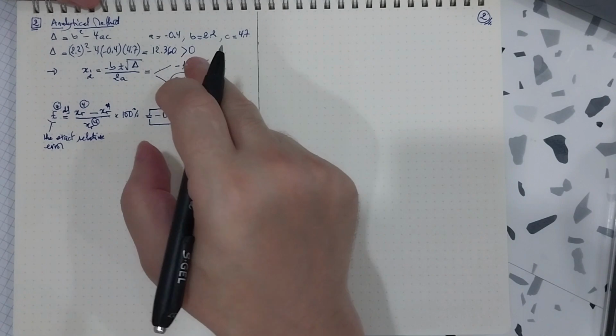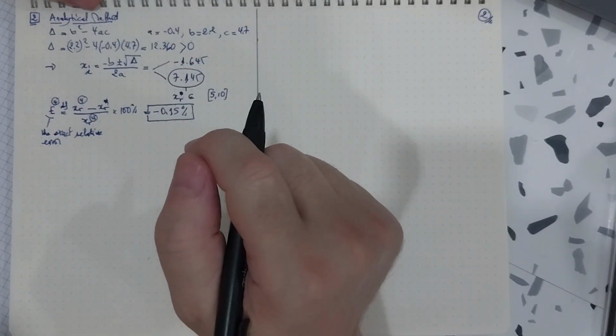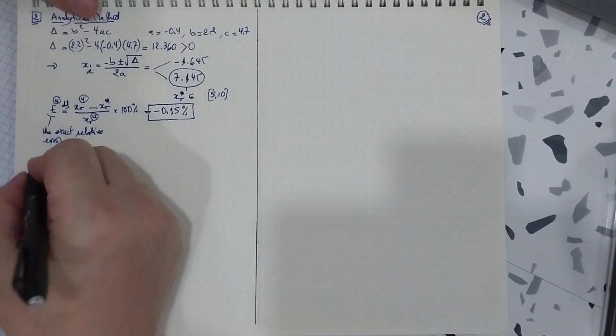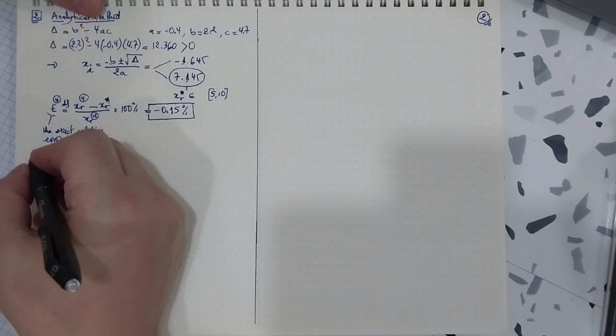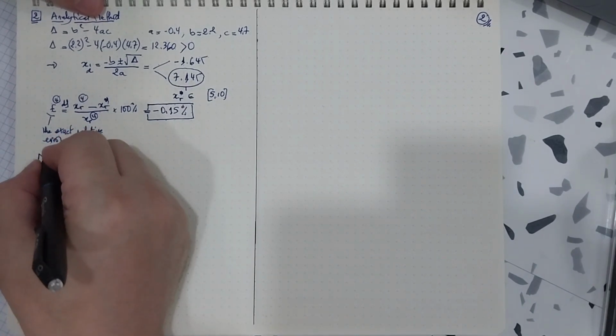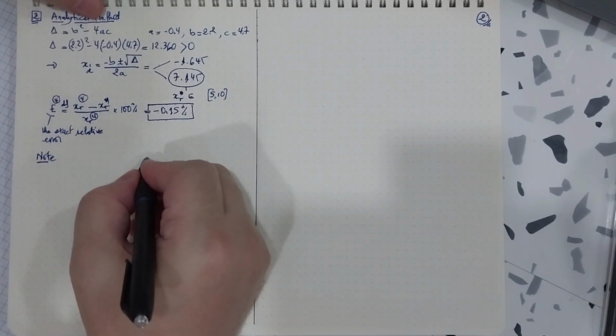So let's come back: we have two roots. Let's draw. This is just a note. It's not a task in our exercise, but just to observe the equation.